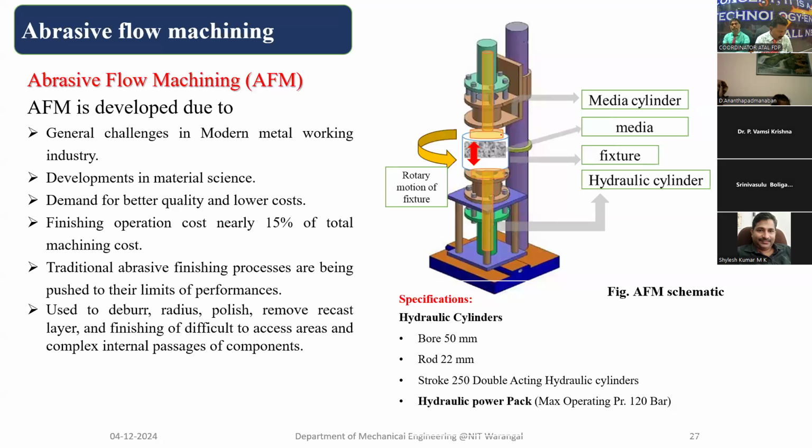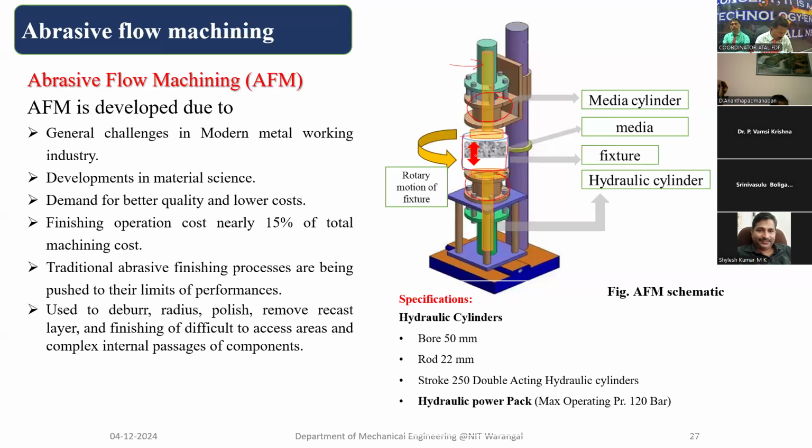So if you see, this is the setup. Okay, so this is the fixture, right? And these are the media cylinders. So this one is a media cylinder, and this one is also a media cylinder. This one, media cylinder. So what is this media cylinder?